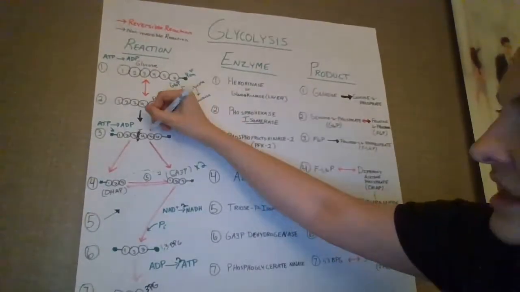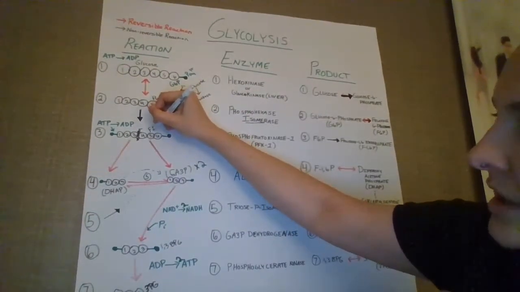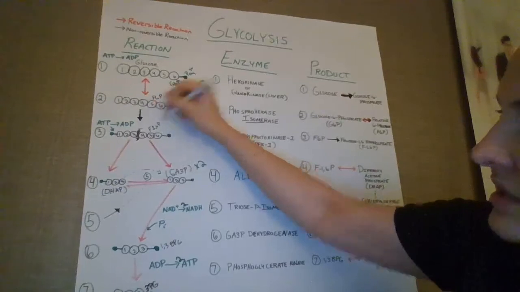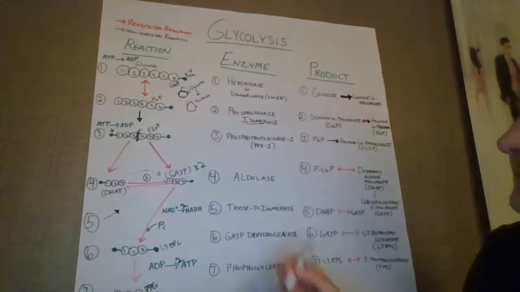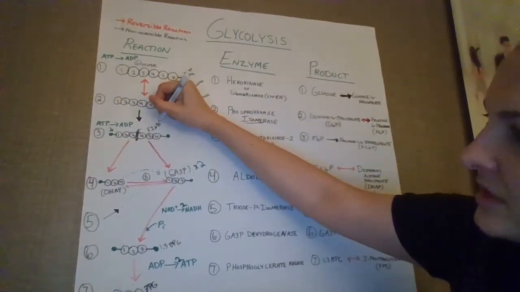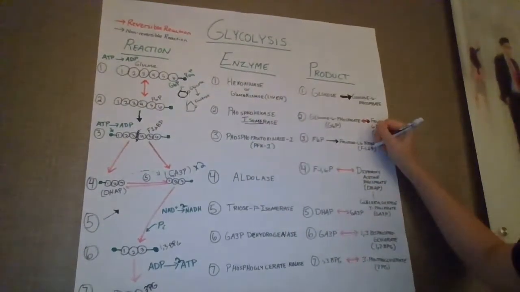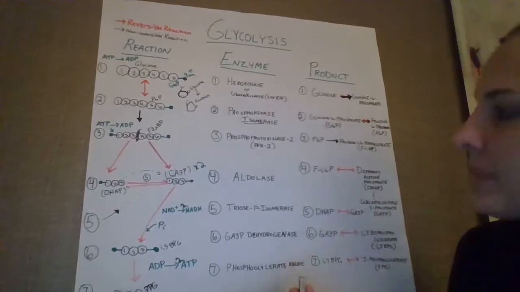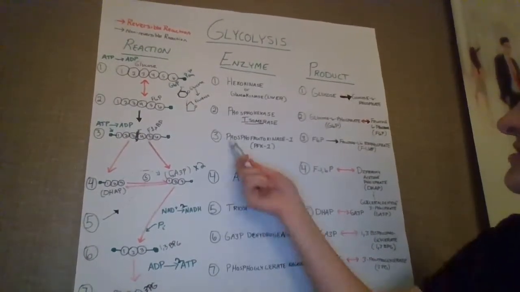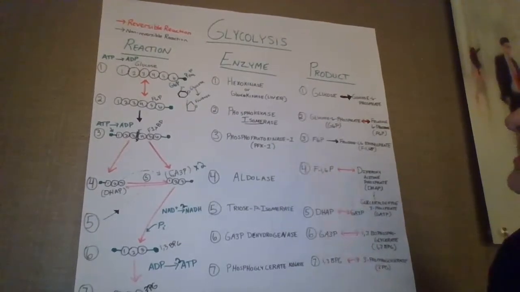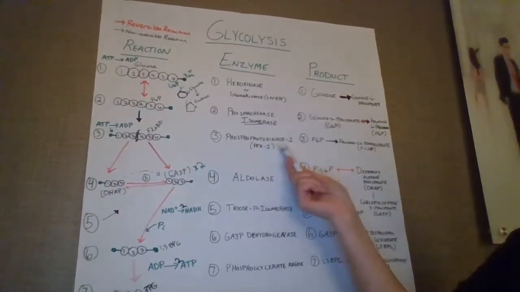Or maybe I should label that a BP. Sorry, bisphosphate. There we go. BP. Okay. And that is going to be performed by this phosphofructokinase 1. Because again, we're taking a phosphate.